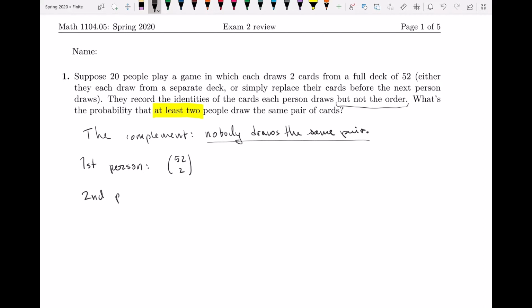Second person, if we want to make sure that nobody draws the same, the number of possibilities there is going to be 52 choose 2 minus 1, because they can't draw the same pair that the first person drew and still be in this event.